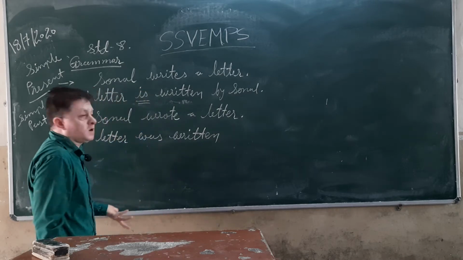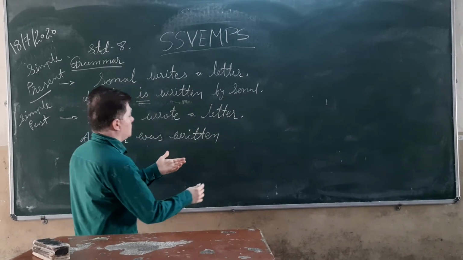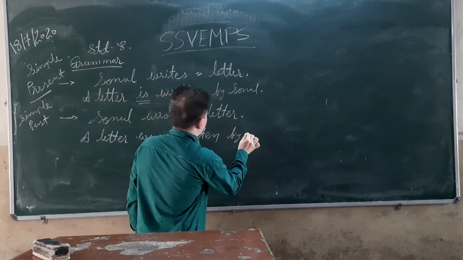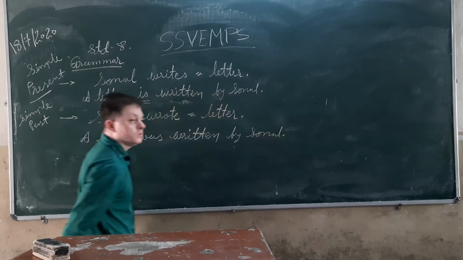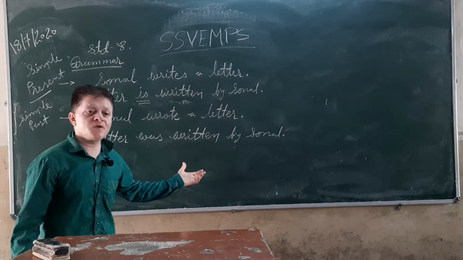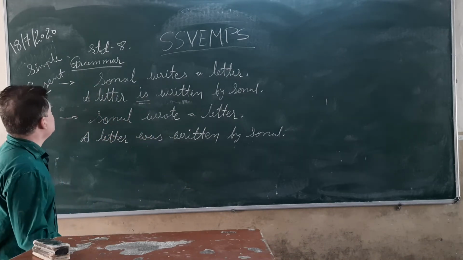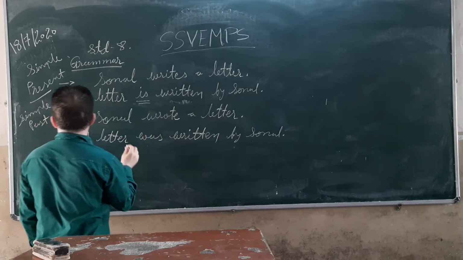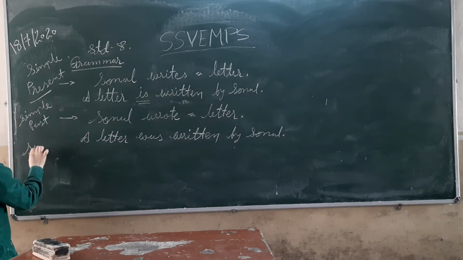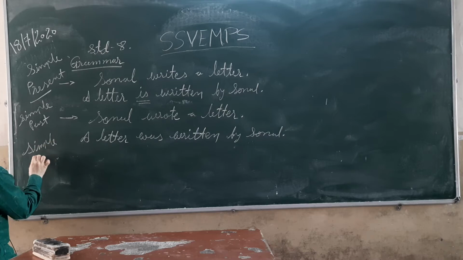V3 is compulsory, we have to use it. A letter was written by Sonal. Can you understand, dear friends? Here in simple tenses the structure is the same. Now simple future.